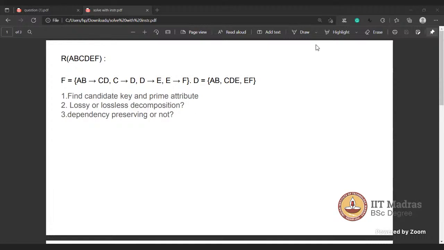Yeah, my screen is visible. Yes, sir, it is visible.